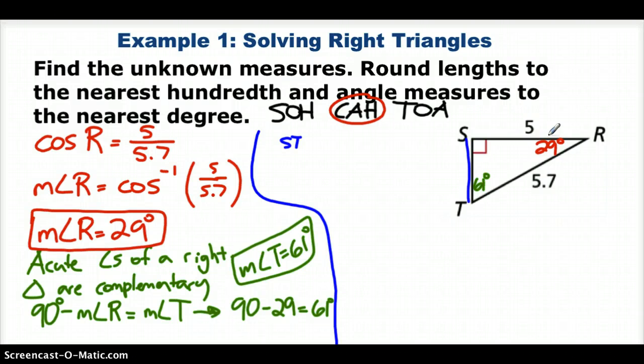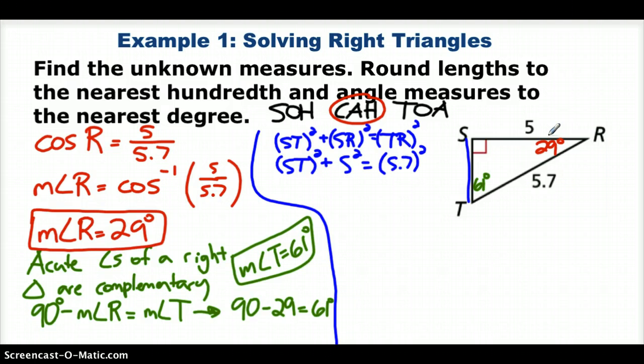ST squared plus SR squared equals TR squared. When I plug in the numbers, this will give us ST squared plus 5 squared equals 5.7 squared.